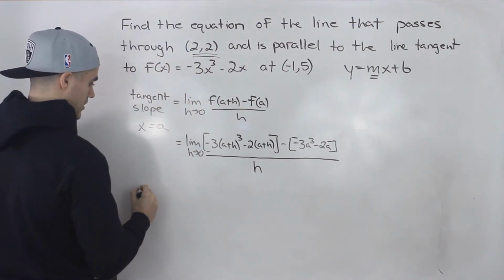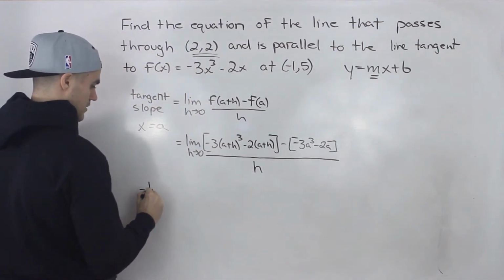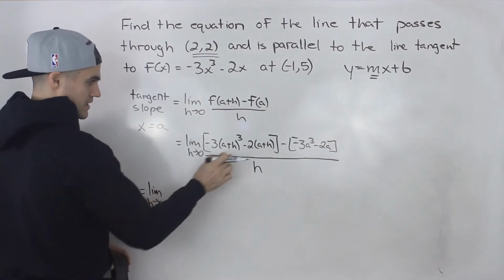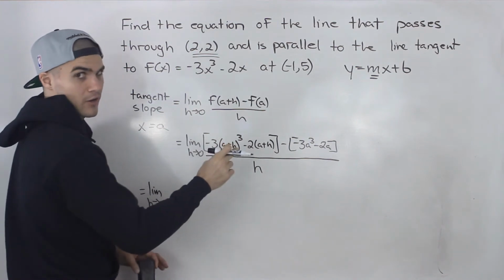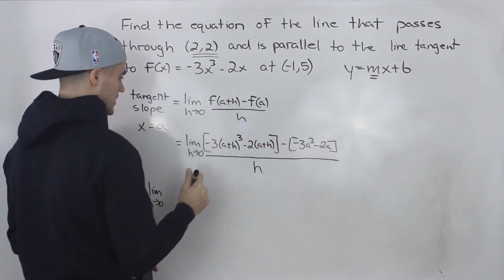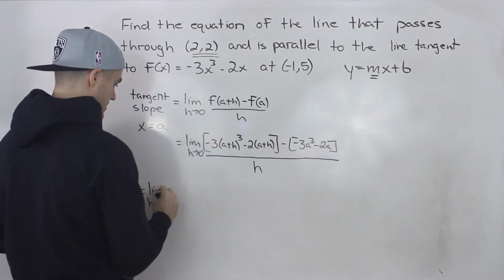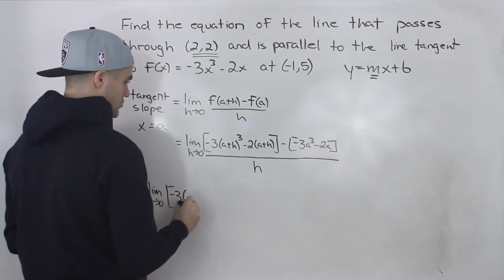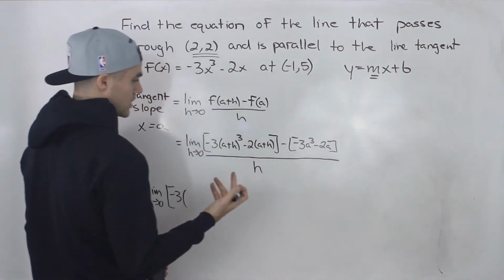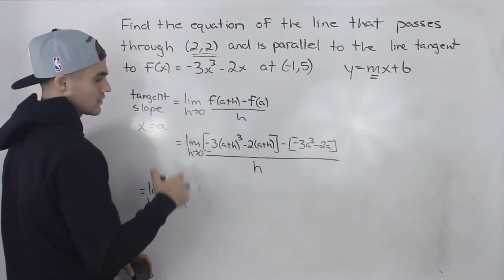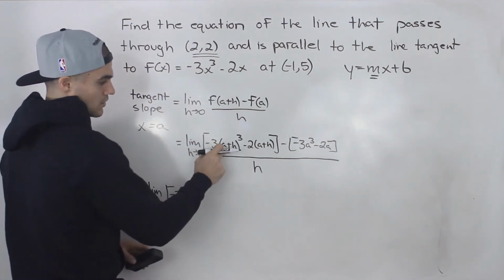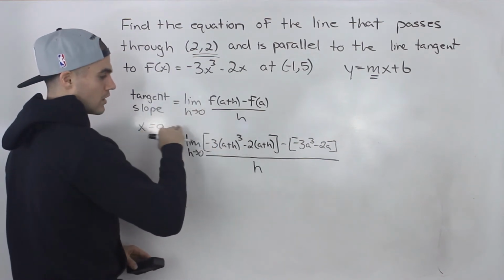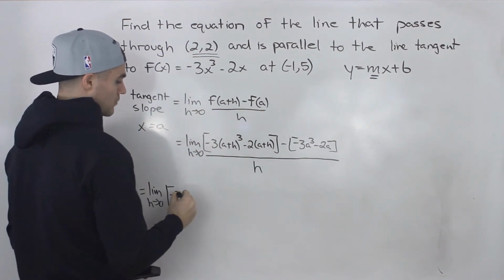Now what's going to be a pain about this, I'm going to continue it here as I'm going to need a lot of room, is expanding this (a plus h) to the power of 3. You basically have to FOIL it out 3 times. You can also use Pascal's triangle if you've ever used it before. Actually, you did use it in grade 11. So if you remember, you can just use the coefficients in the third row of Pascal's triangle.